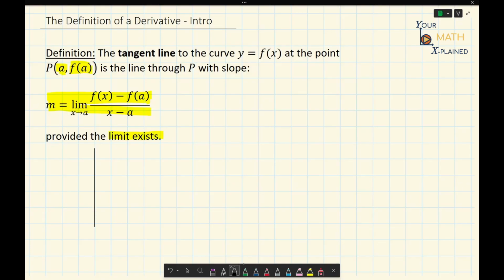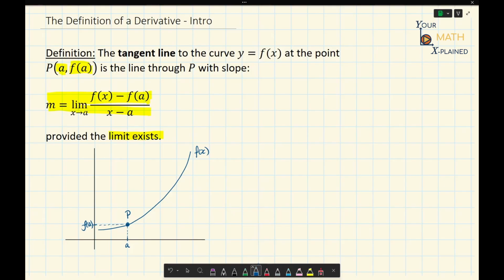So let's take a look at this through a simple diagram. Let's say our curve f of x looks something like this. So here we have our f of x. And then let's say here, this is our point P. So we know that our point P has an x-coordinate of a, and it has a y-coordinate of f of a.